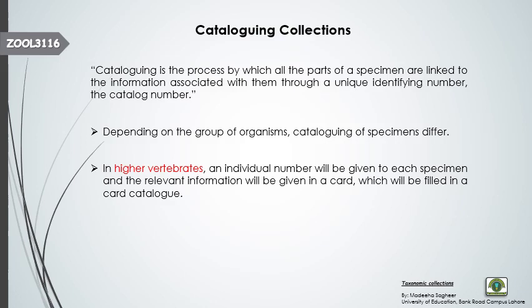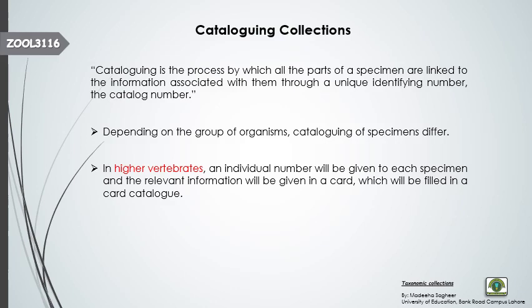What is cataloging? Cataloging is making a list of items, right? So cataloging is done in any store, in any repository. Besides taxonomy, cataloging is a common practice when you have a large amount of items, so you need to catalog them, you need to arrange them, or you make a list of those items and you give them special numbers.